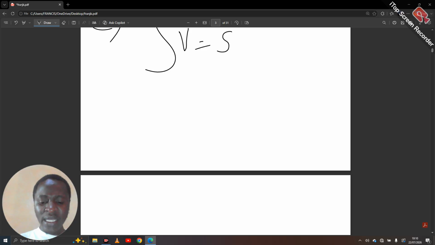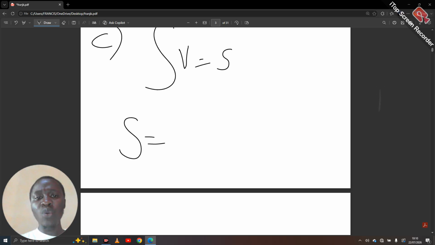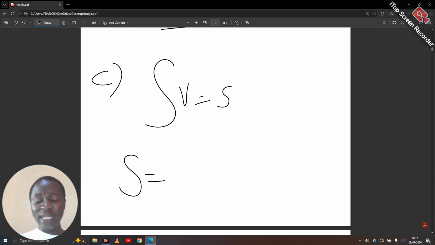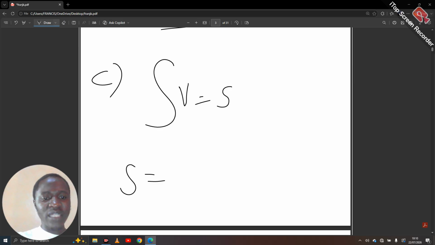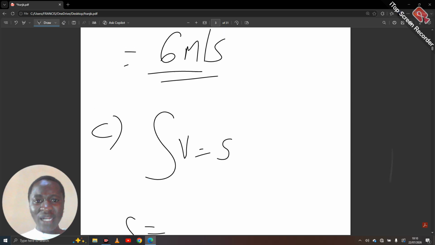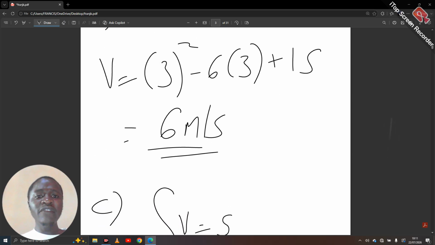So that means displacement will be what? Remember, this one is displacement, not integrating. This symbol I've written here is displacement. Now, we are integrating velocity.